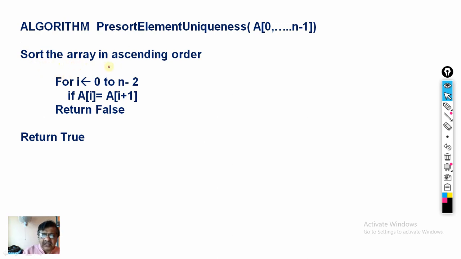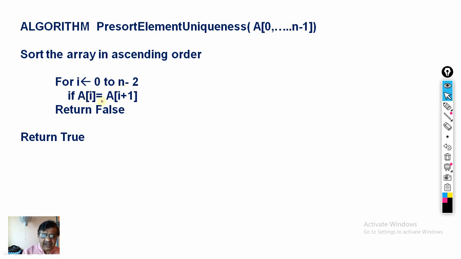Sort the array in ascending order. This is to be done first, using the best of the sorting algorithms with a lower complexity. Of course, for i equal to 0 to n minus 2, because you had seen there will be only n minus 1 comparisons. Since i plus 1 is involved over here, we have to go up to n minus 2.